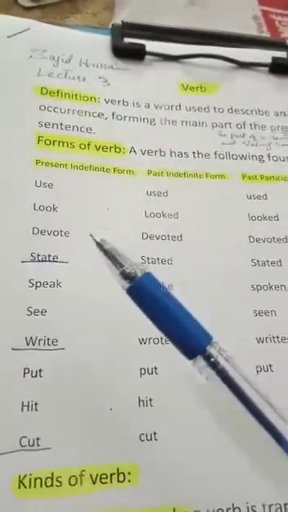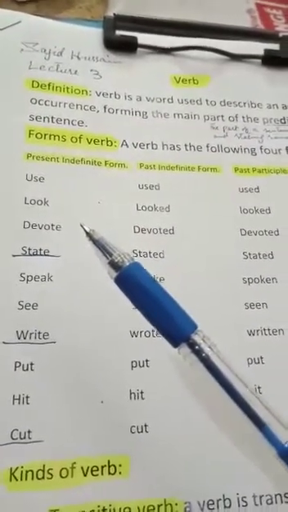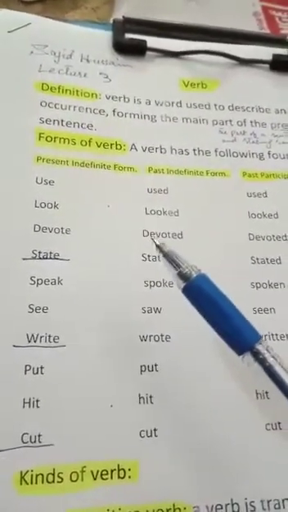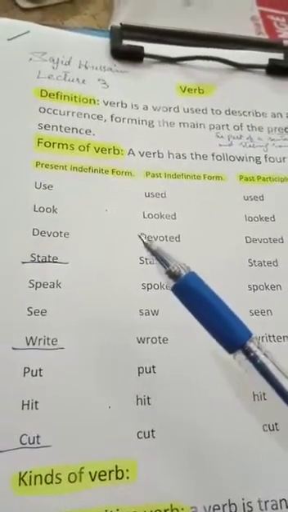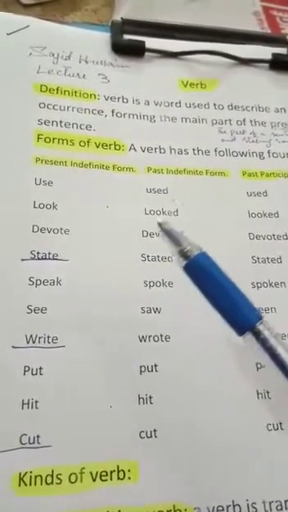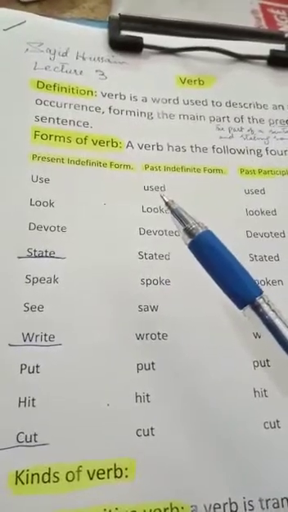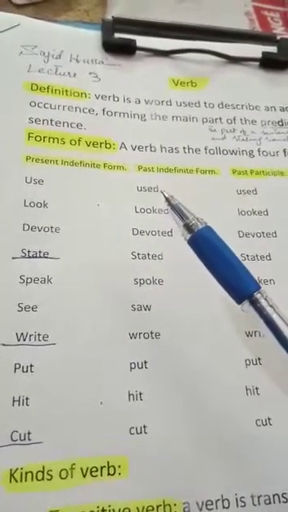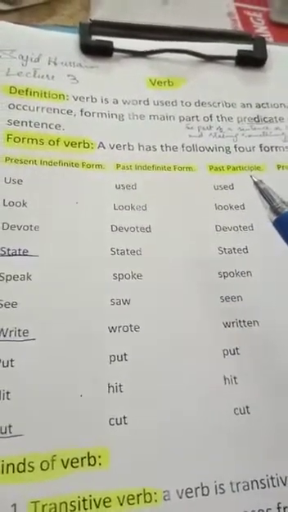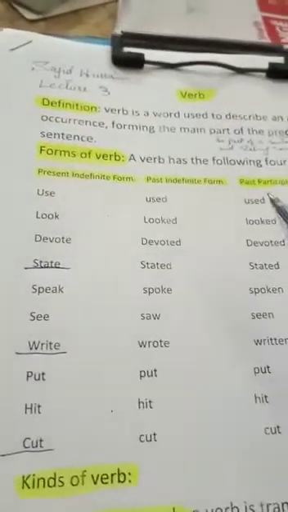There are a large number of verbs in the English language which follow the same pattern to develop their different forms. Either we add d or ed to the present indefinite form and we develop their past indefinite and past participle forms.